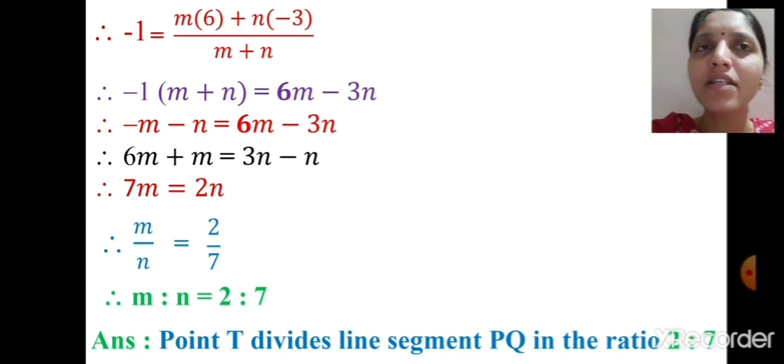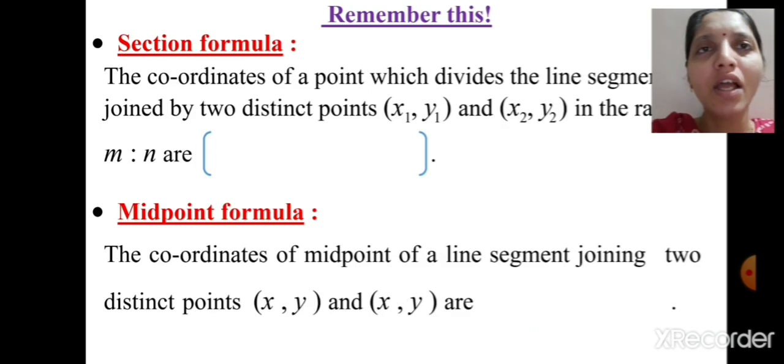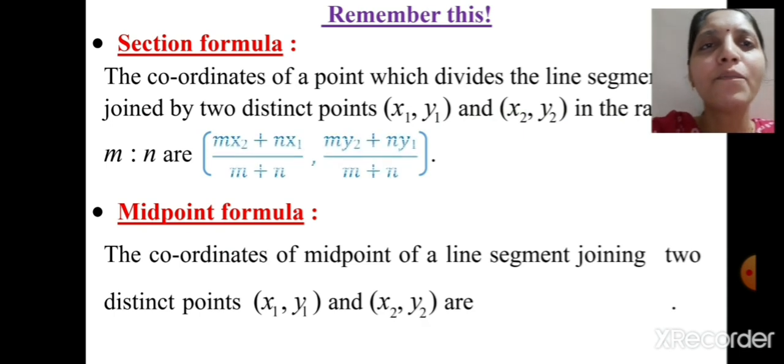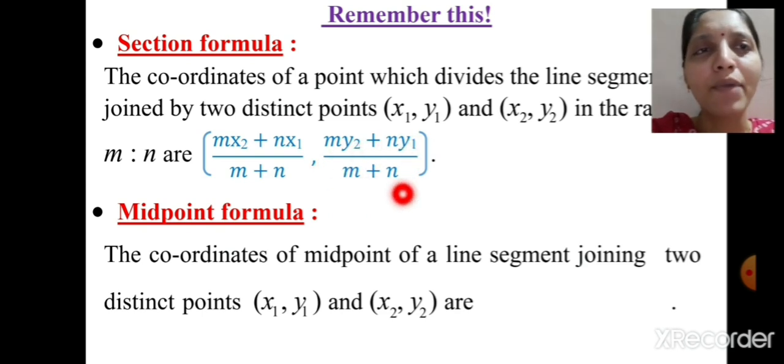Now let's see the summary of this session. In this session, we have learned section formula, the coordinates of a point which divides the line segment joined by 2 points (x1, y1) and (x2, y2) in the ratio m is to n are (mx2 plus nx1) upon (m plus n) and (my2 plus ny1) upon (m plus n).